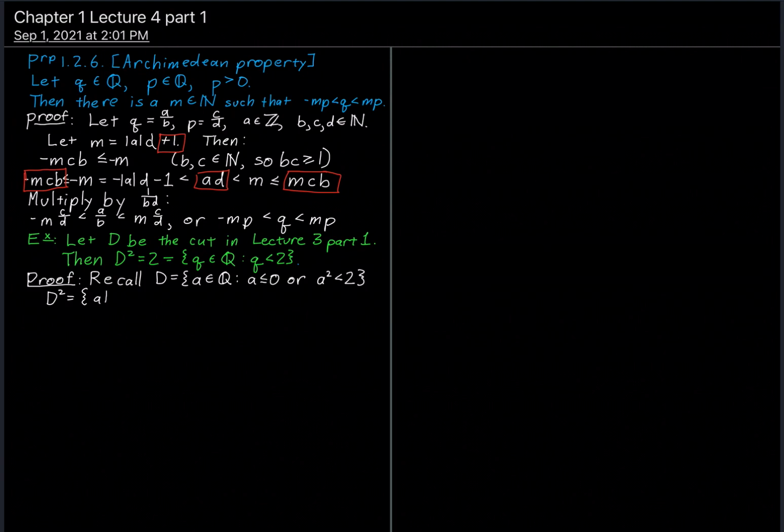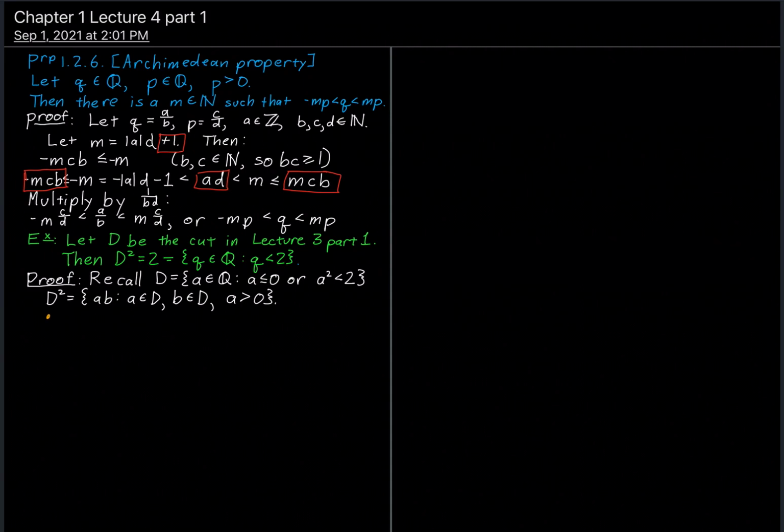That's the set of all products AB such that A is in D, B is in D, and A is strictly positive. And notice that A strictly positive is going to necessarily satisfy A squared less than 2. And we want to show that D squared is just the set of all rational numbers that are less than 2.